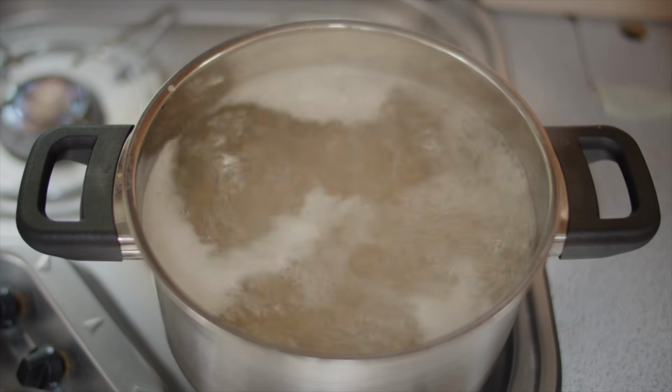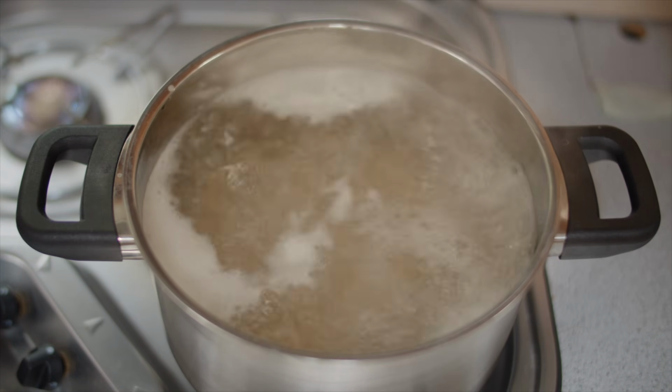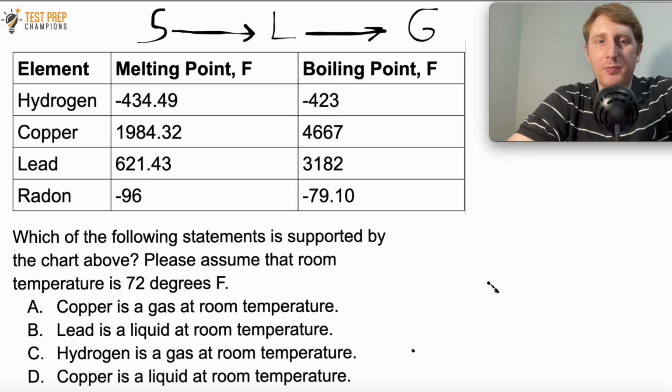Now, when you take a liquid and it becomes a gas, we call this boiling. So we have solids, liquids, and gases, and when a solid becomes a liquid, we call that melting. The melting point is that temperature at which the state of matter changes from a solid to a liquid. And when you have a liquid and it changes to a gas, we call that boiling.